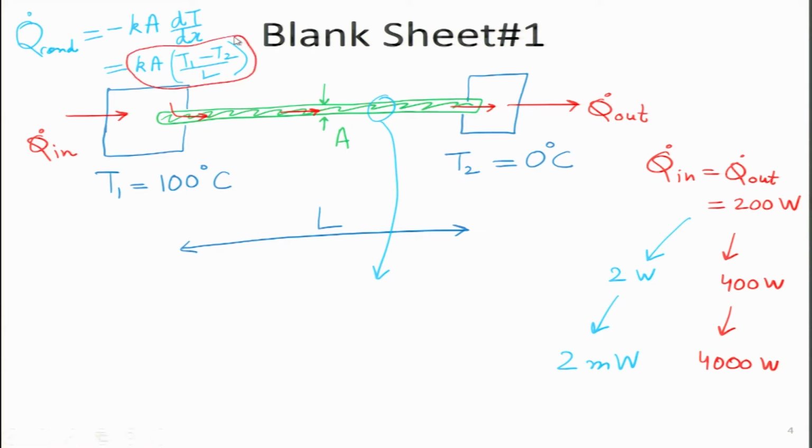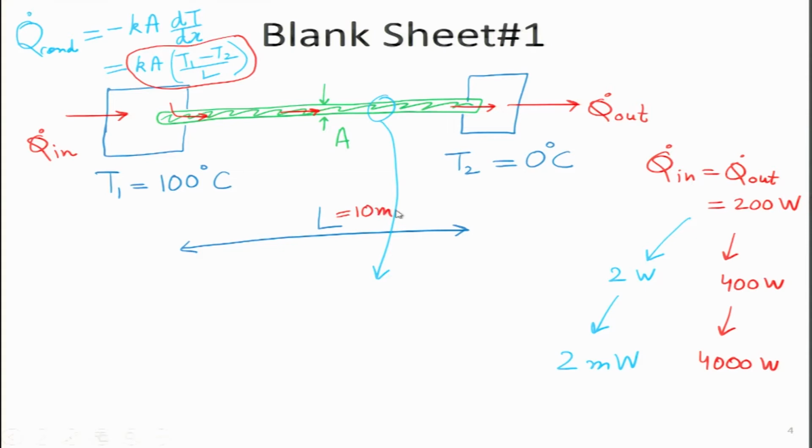For instance, I can double the value of K, which is the thermal conductivity, and the value of Q dot will also double. I can double the value of A, which is the cross sectional area, by making the beam thicker and thicker, and then again the rate of heat transfer will increase.